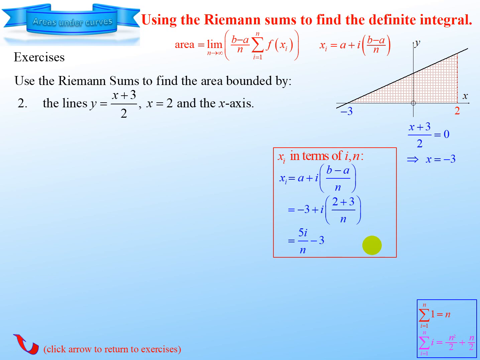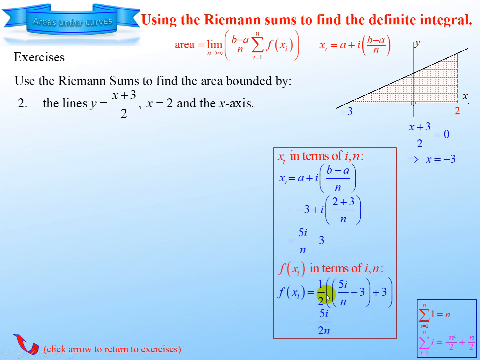I'm just writing it the other way around because I find it clumsy writing with the negative first in a binomial. Now we need to know f of xi, so we're going to take this xi and substitute it into the f of x formula. Now this is where I use the half into, because of space problems. Now, when we take away the inside bracket, minus 3 plus 3, they eliminate one another.